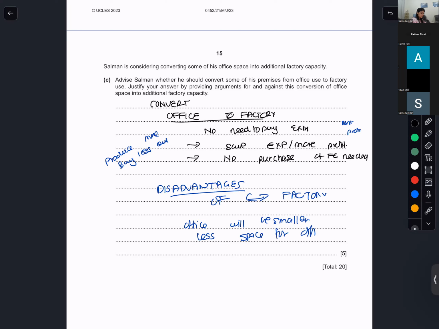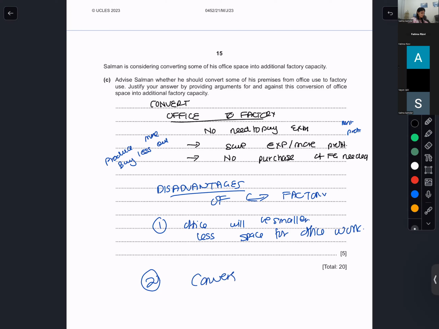Okay, I need only 2 points. What is the second point, disadvantage of converting office to factory? Someone tell me.